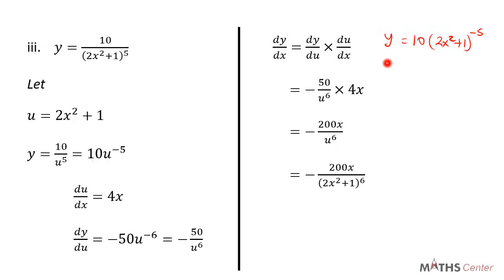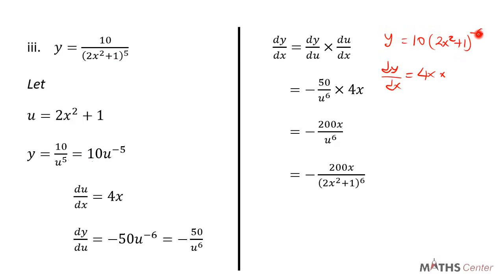Okay, so to get the dy/dx, we will differentiate what is in the bracket. What is in the bracket is 2x squared plus 1. When you differentiate that, you have 4x. Then times, we will differentiate the whole fraction, right?